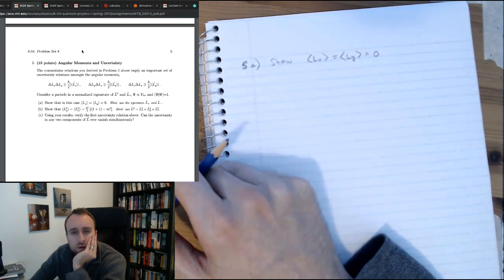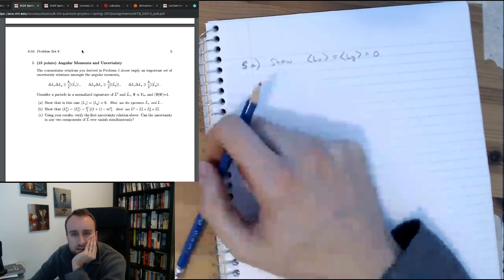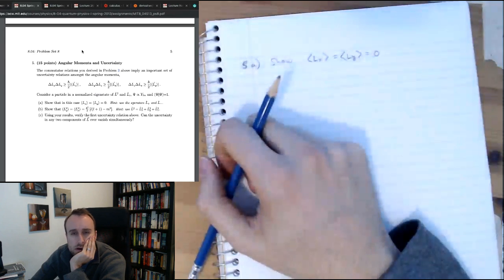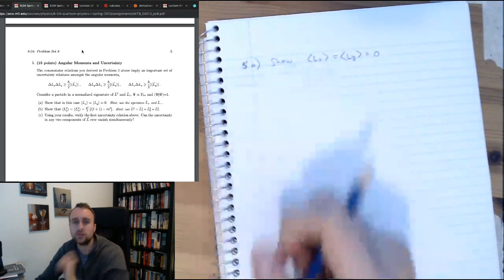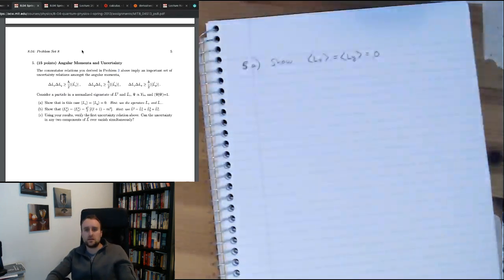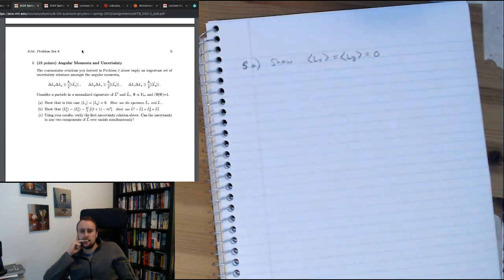So I think the thing I'm not certain about is, I guess what they're saying is that you can only have angular momentum in one direction. I think that's true of classical mechanics too, though.